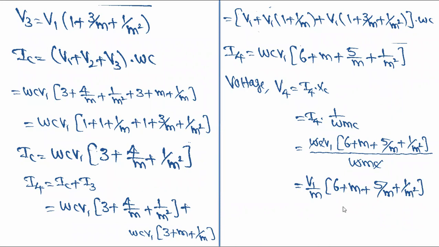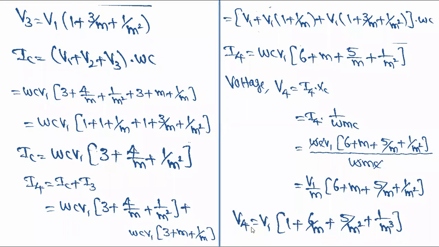Now V4 equal to V1, the M goes inside. Simplifying, V1 into 6 by M plus M by M plus 5 by M into M square plus 1 by M square into M, this M cube. Numerator and denominator get cancelled. That is V1 into 1 plus 6 by M plus 5 by M square plus 1 by M cube. This is the value of V4.